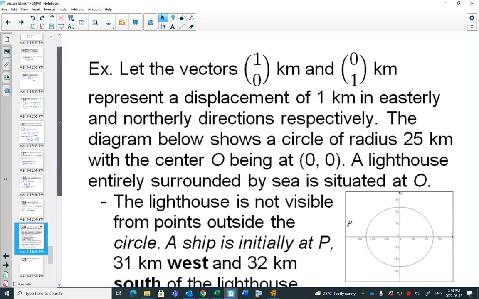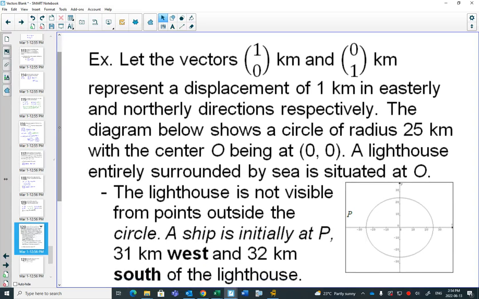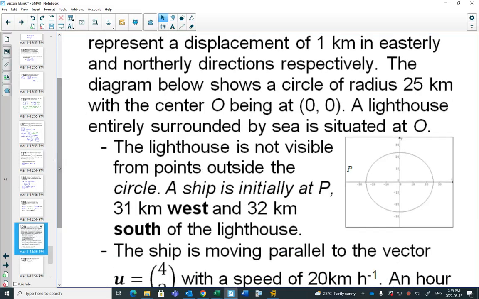All right. So we've got vectors, another two-dimensional one, another boat question. Here a lighthouse is at 0, 0, and it can see in a radius of 25 kilometers. So anytime your boat is outside of that 25 kilometers, you cannot see the lighthouse.